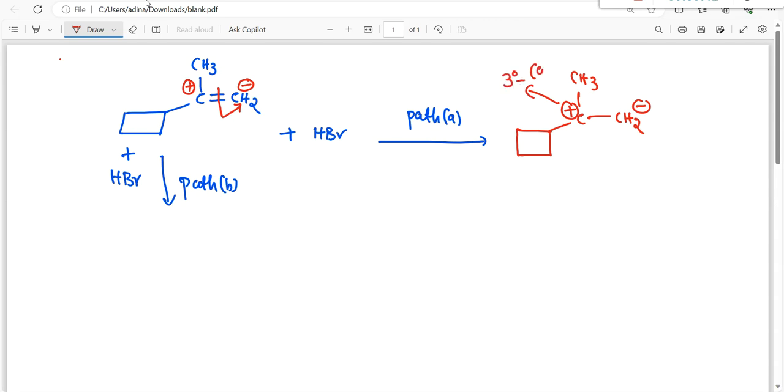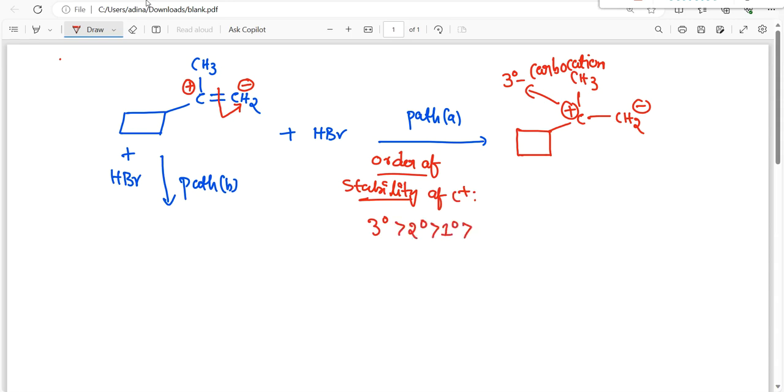We know the order of stability of carbocations: tertiary carbocation is highly stable, then secondary carbocation, then primary carbocation, then CH3 plus. So we conclude that path A obtains the major product.